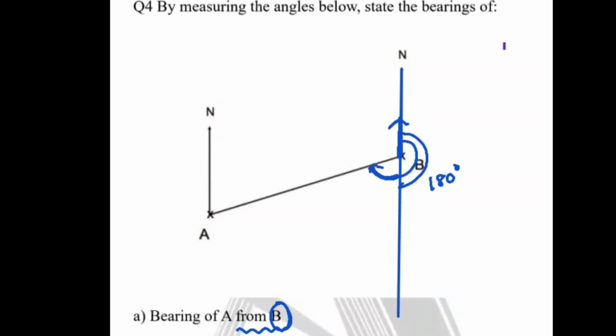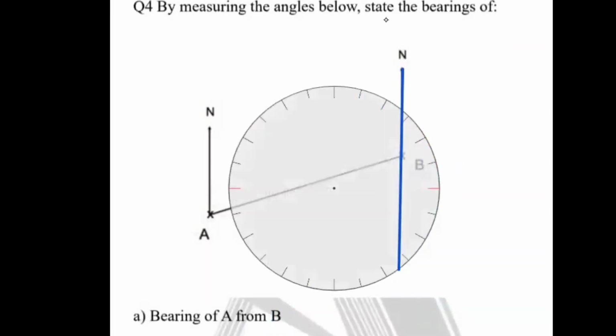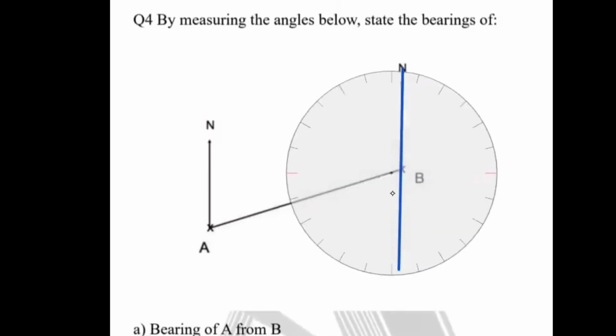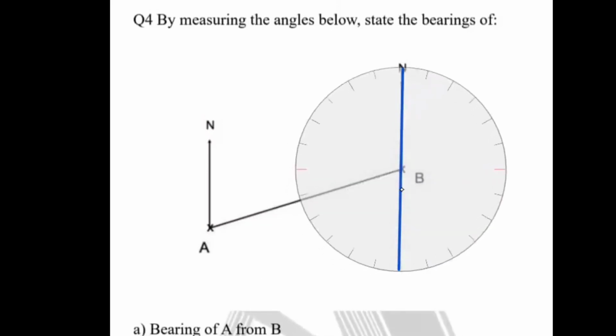I'm again repeating because you have to calculate this whole angle, this complete angle. We know that this part, if I stretch this line, is 180 degrees. So that means I need to calculate this remaining part. For that, I need a protractor. This is 73 degrees.